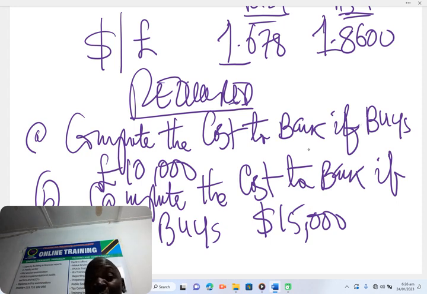Do you see? So in part A the bank is buying pound. But in part B, the bank is doing what? Is buying dollar. Do you see the component?